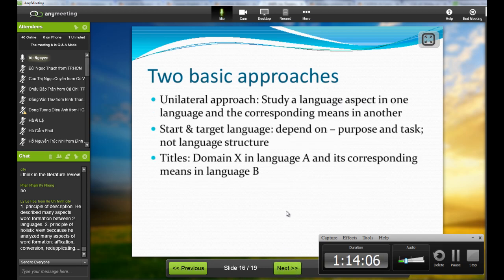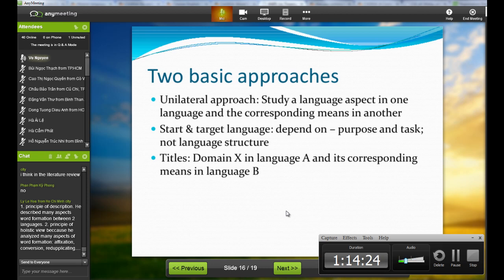The next approach is called a unilateral approach. By unilateral approach, I mean that we study a language aspect in one language, but it does not exist in the other language.